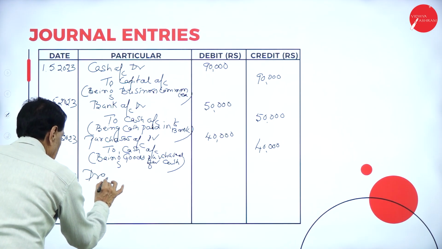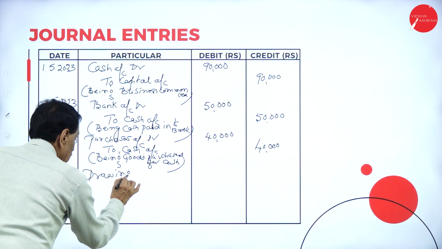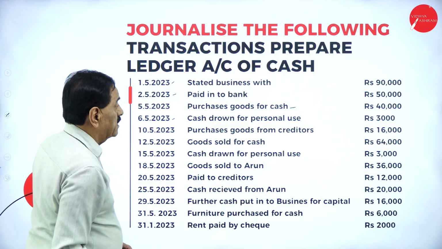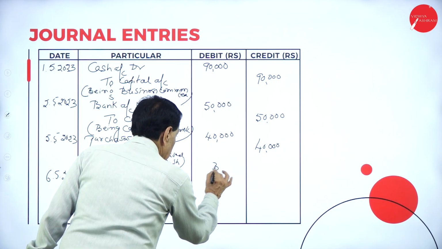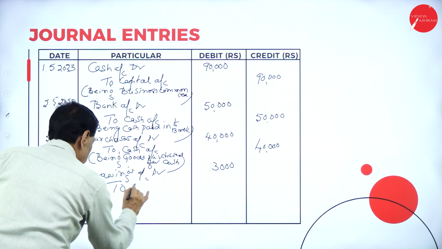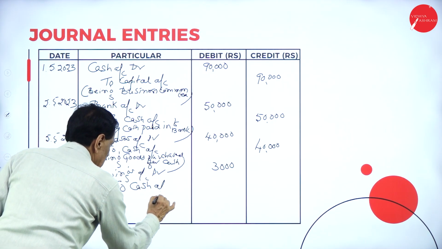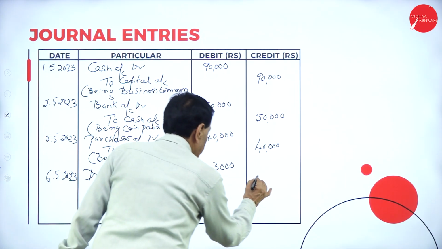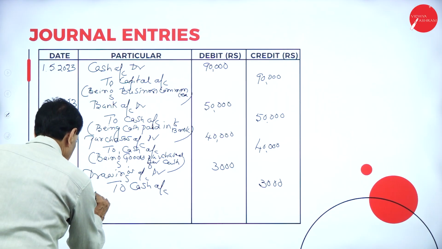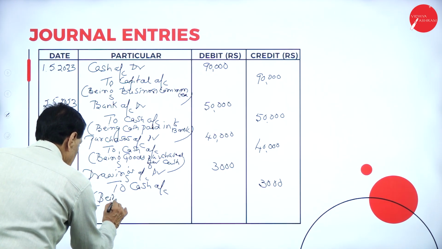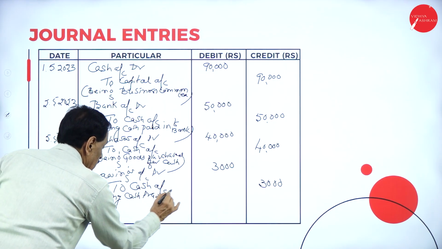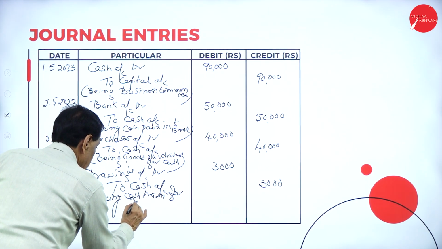Drawings account debit, 3,000, to cash account, 3,000, being cash drawn for personal use.